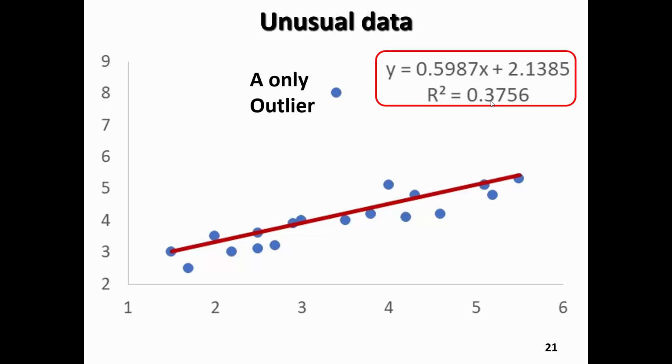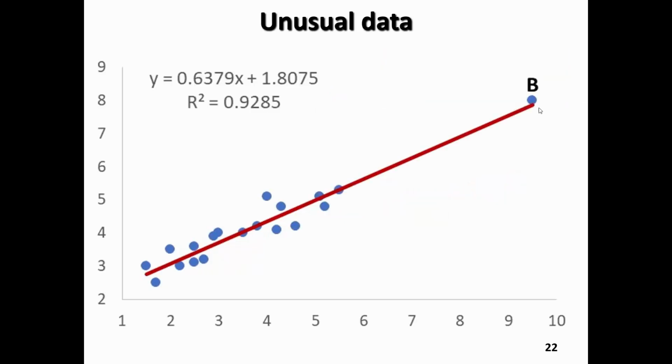So the outlier considerably reduced the magnitude of our predictability. We dropped from close to 85% down to 38%.